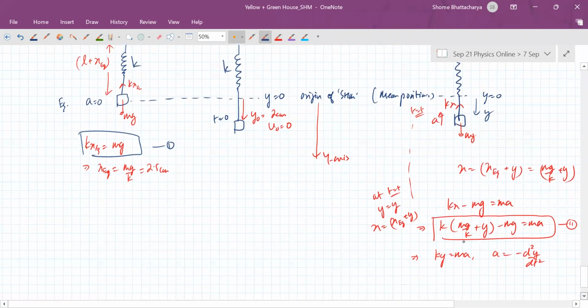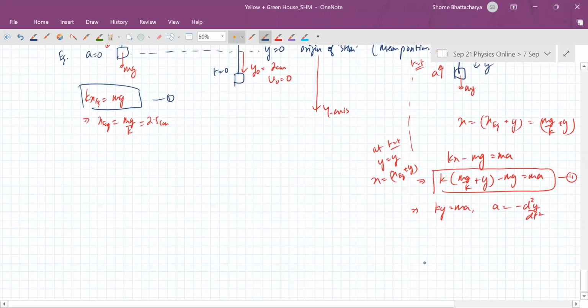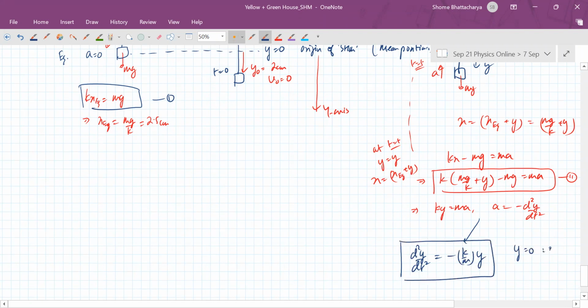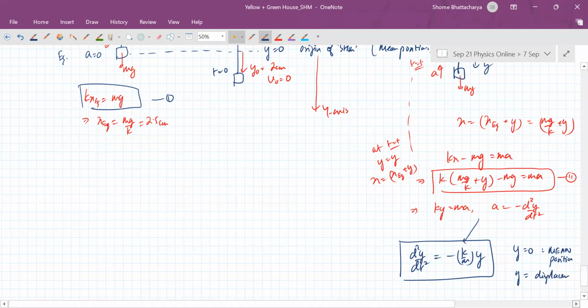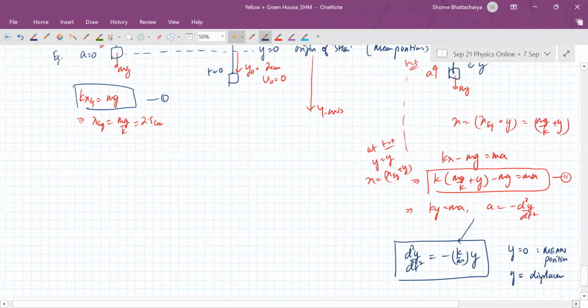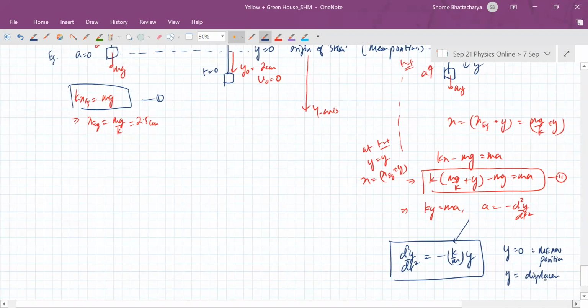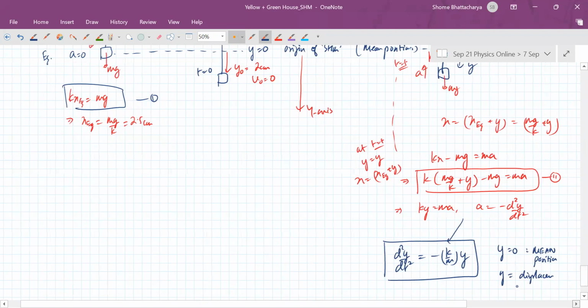So from this we got our equation that d2y by dt square is minus k by m into y, where y equal to 0 is the mean position and y is the downward displacement from mean position.